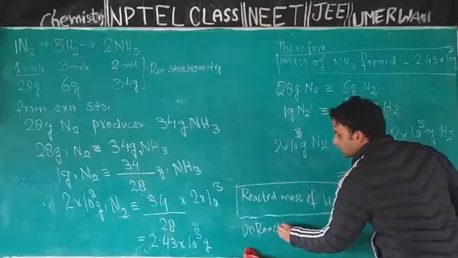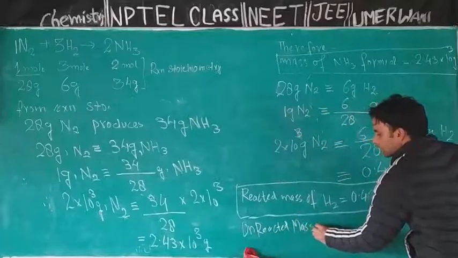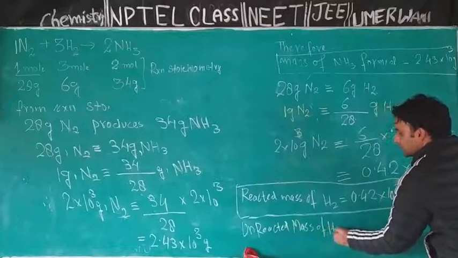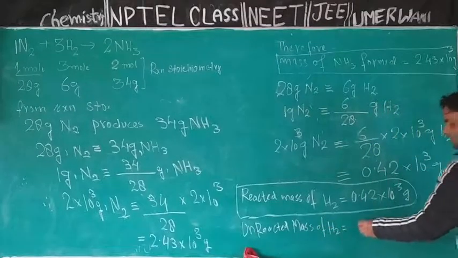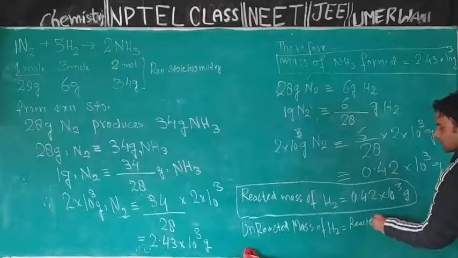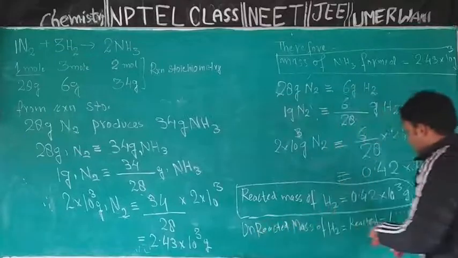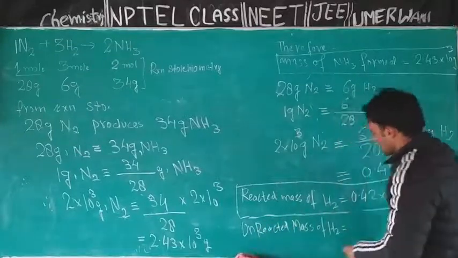Unreacted mass of hydrogen will be equal to available mass minus reacted mass.